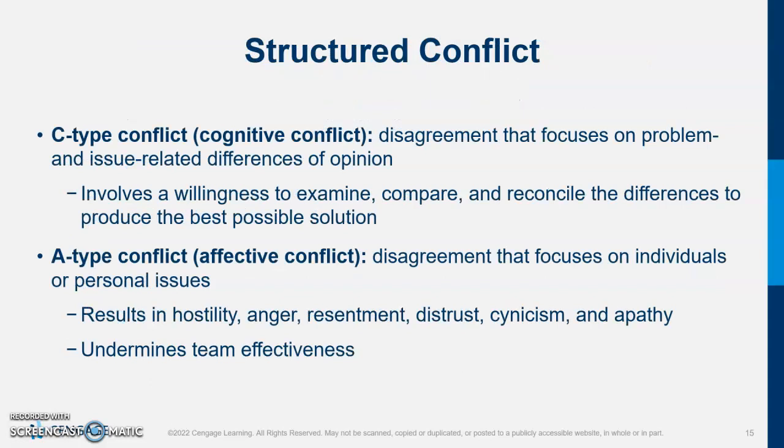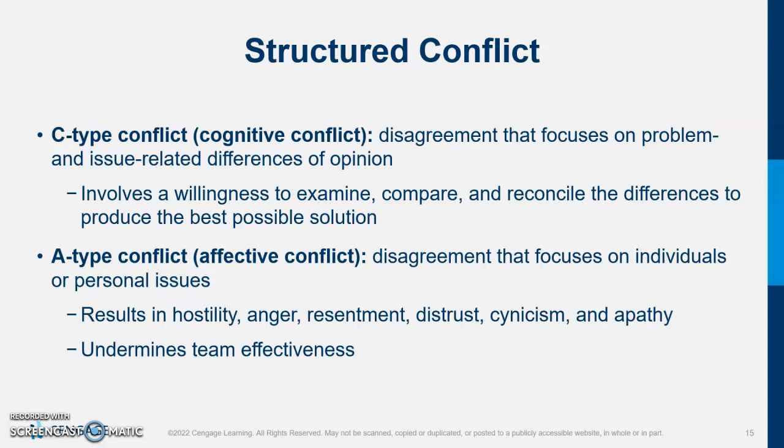There also is conflict when we're making decisions as a group. C-type conflict or cognitive conflict is a disagreement that is really based on the issue at hand. So the individuals don't agree on how to solve the specific organizational problem, but they're willing to examine, compare, and try to come up with the best option.